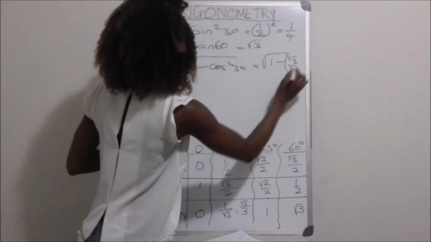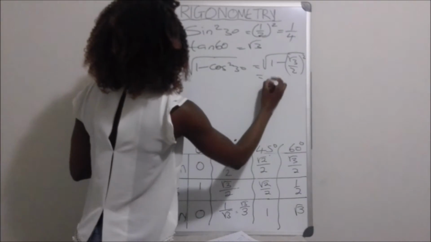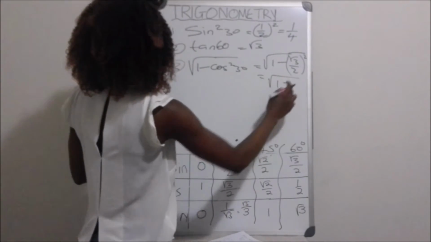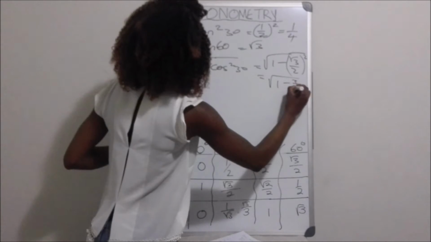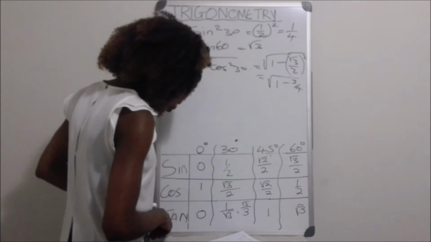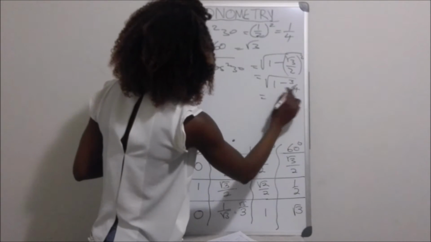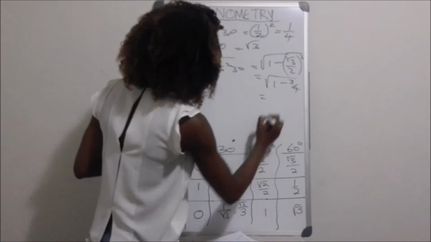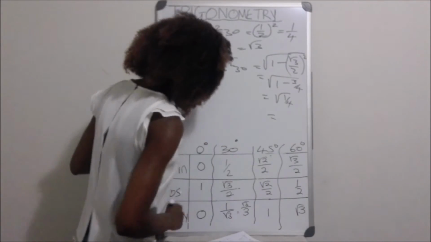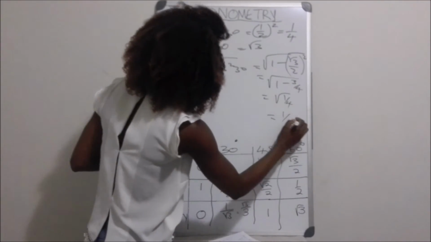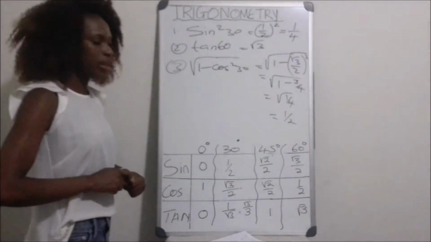But remember, it has a squared there, so it will be root 3 over 2 squared, which is 3 over 4. Then 1 minus 3 over 4 will be 1 over 4. Then the square root of 1 over 4 is equal to 1 over 2. That is the value of the square root of 1 minus cos squared theta.